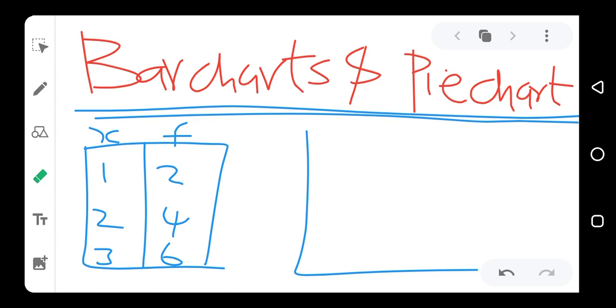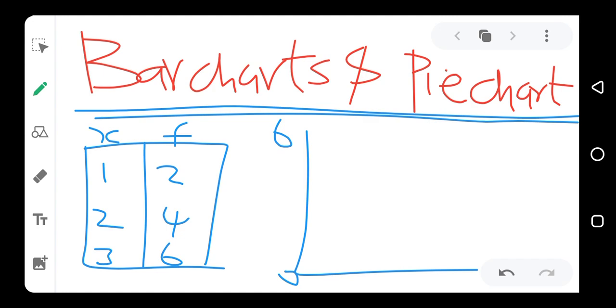This is the origin. And for the highest length, we take the highest value here, which is 6. That means we number the height, the vertical side, from 0 to 6. So this highest point is going to be 6, looking at the frequency table.